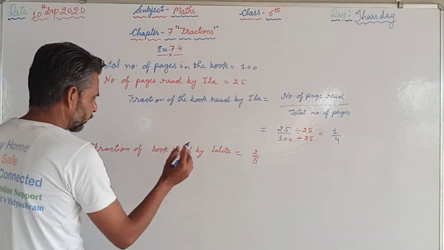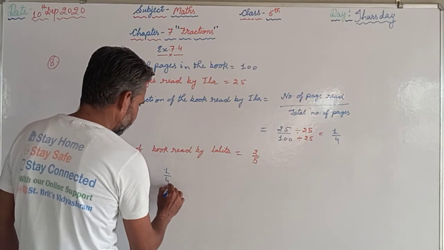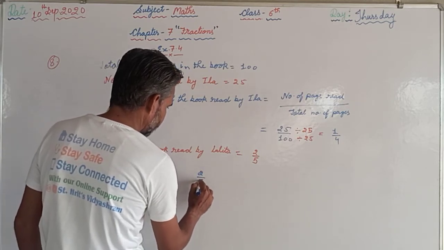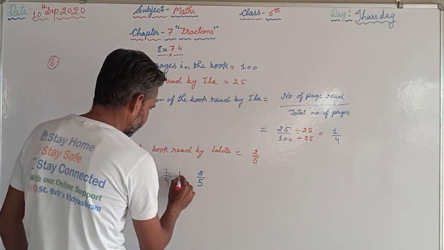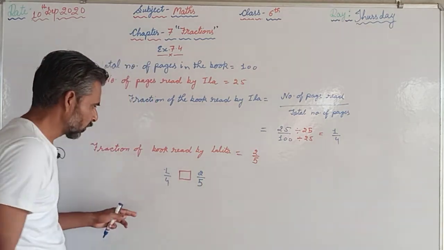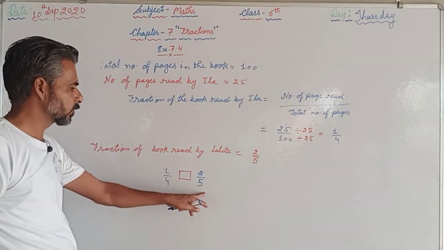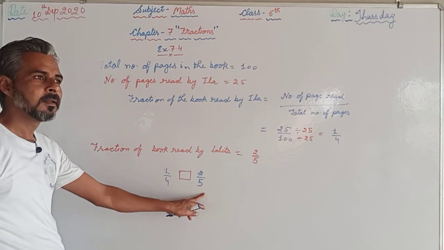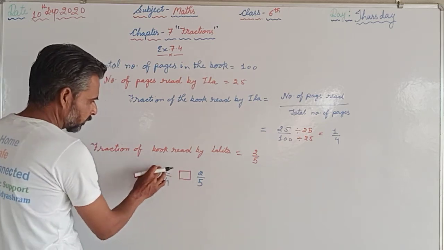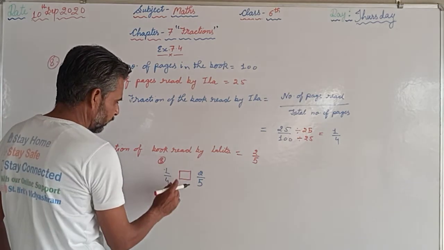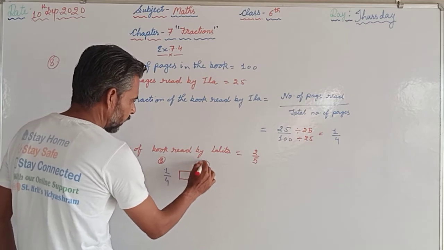Now we have to compare these two, 1 upon 4 and 2 upon 5. 1 upon 4 is the fraction of the book read by Ela, and 2 upon 5 is the fraction of book read by Lalita. So 5 times 1 is 5 and 4 times 2 is 8.